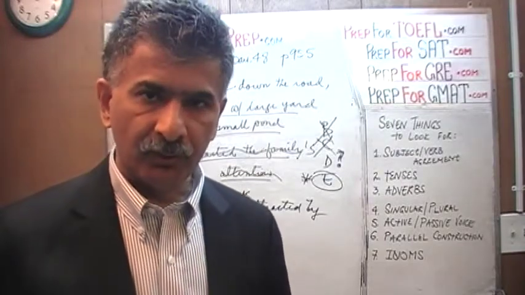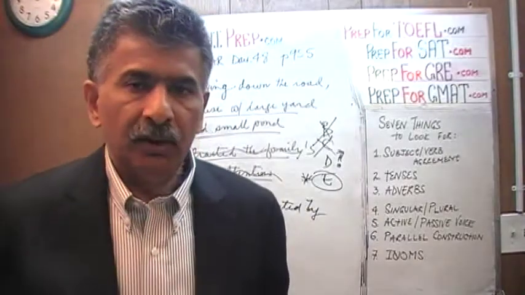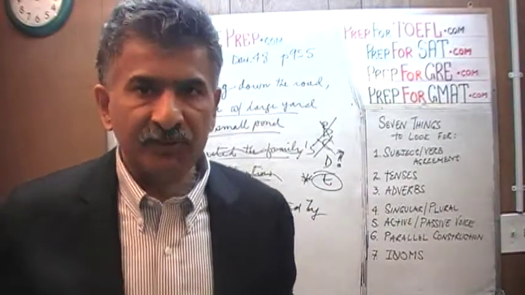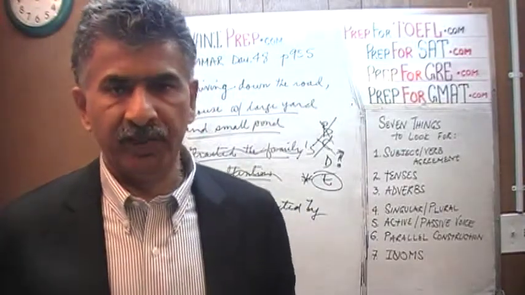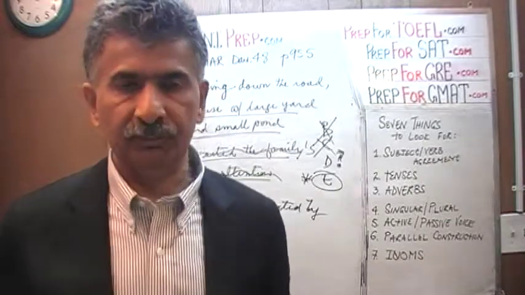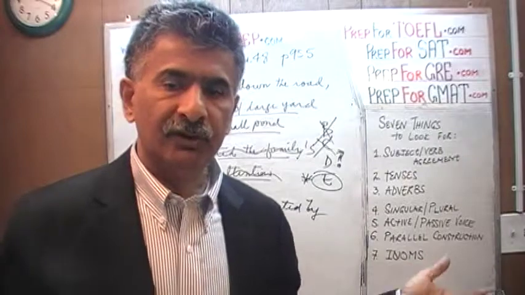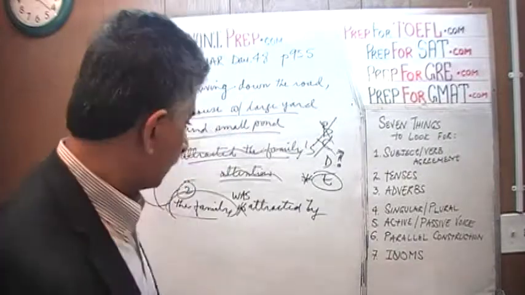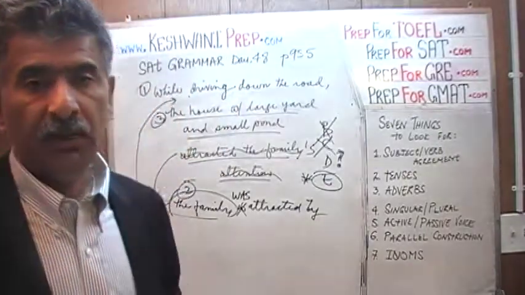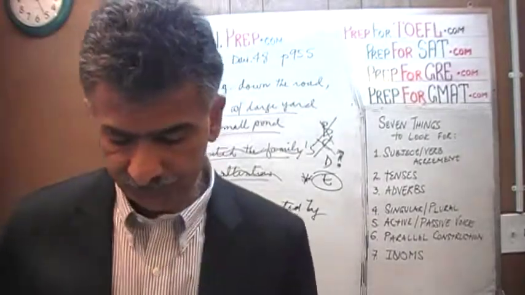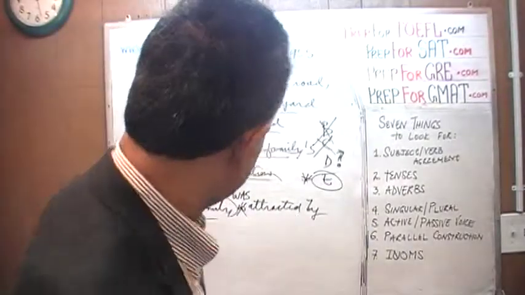You should make it quite clear what is doing the driving. It is the family that's doing the driving, not family's attention, not the house. While driving down the road, the family was attracted by or attracted to the house with the large yard. The answer is E.